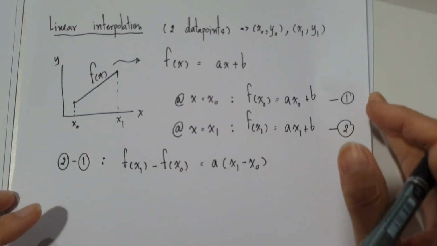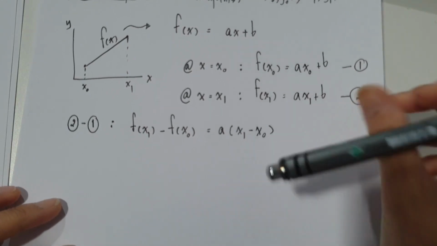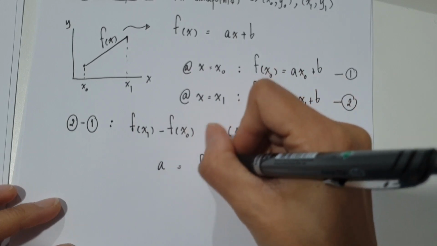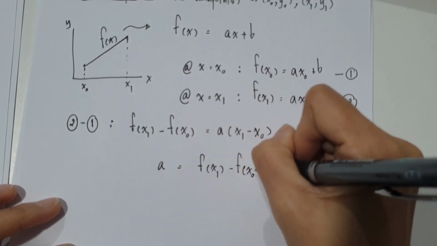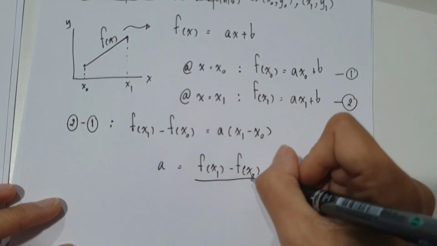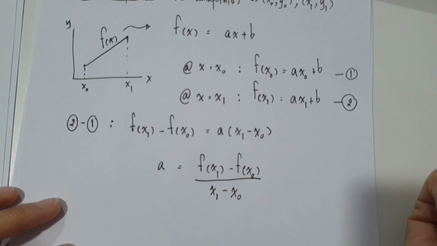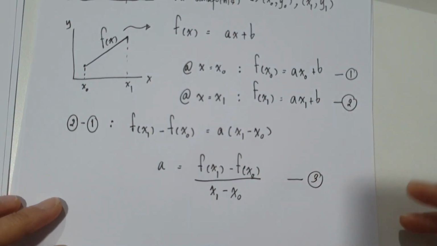And from here, a is equal to (f(x1) minus f(x0)) divided by (x1 minus x0), and this is equation 3.